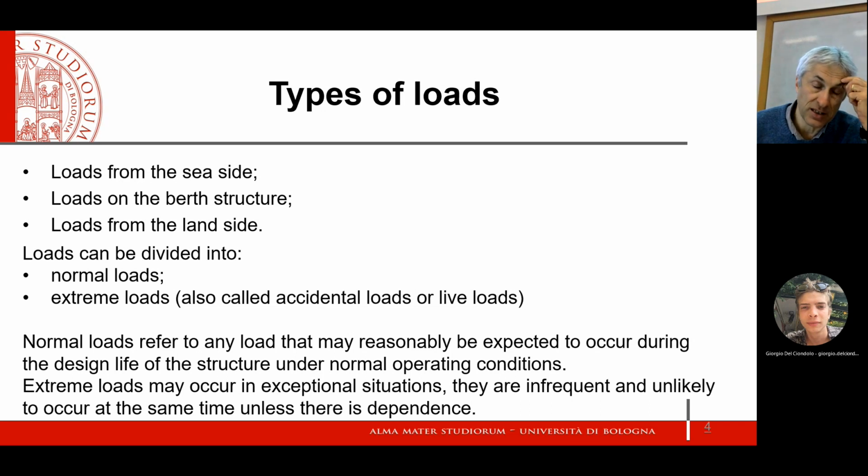In the two examples that I made, the absence of dependence in the case of earthquake plus extreme waves, or the presence of dependence in the case of extreme waves and a large number of ships moored, these two cases are quite trivial, quite obvious.